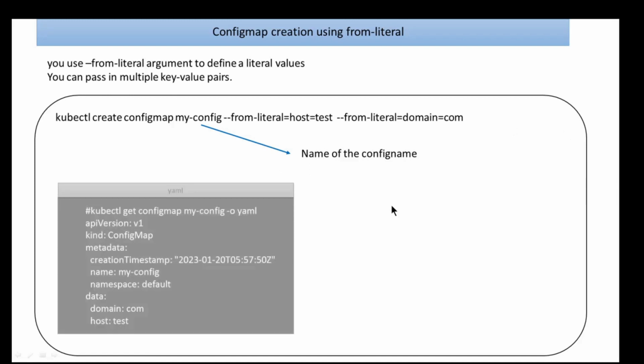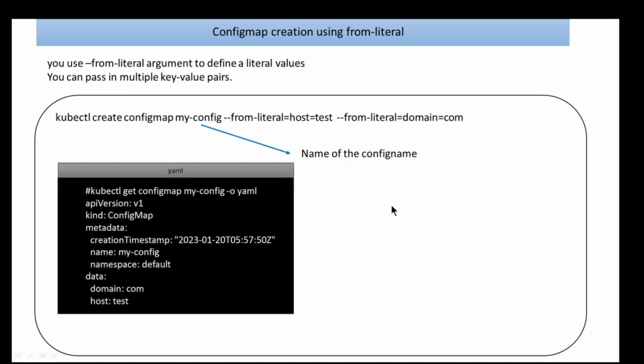When I run this command, it will create a config map as below. ConfigMap is the object kind here, and the name is my-config, which I provided here, and the namespace is the default namespace where you run this command. It takes the current namespace. Then the data: domain is the key, com is the value, host is the key, test is the value.